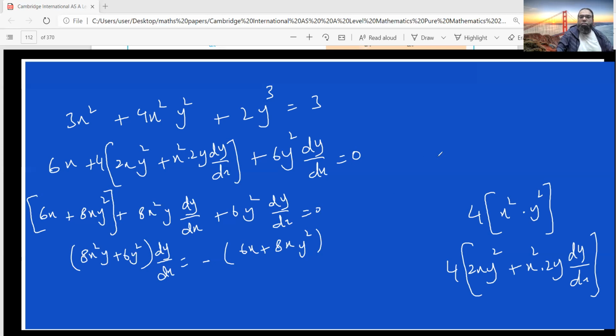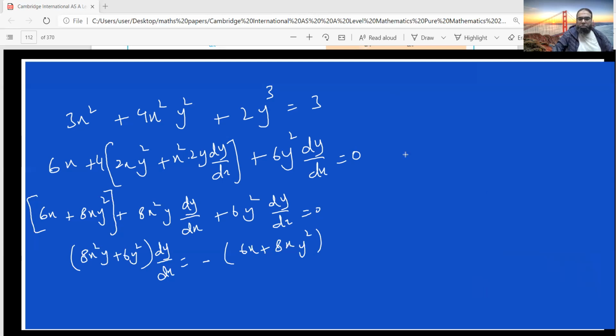And then finally you have this, let me cover this, and then here is your dy by dx. If you want to take a common from this right hand side, minus 2x is common here. This is 3 plus 4y squared.